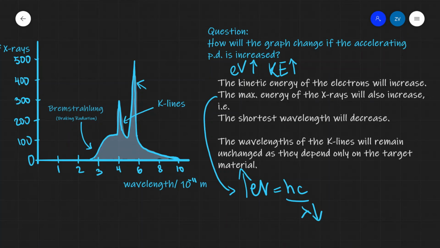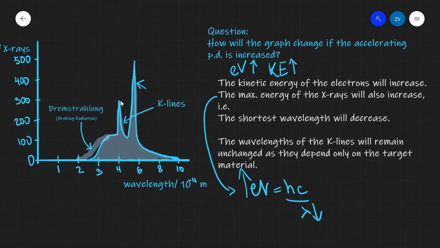And if the shortest wavelength decreases, this graph will be shifted, not entirely, but at least here, it will be shifted towards the left. So let's say it's no longer going to be around 2.5, but it will be somewhere along here.